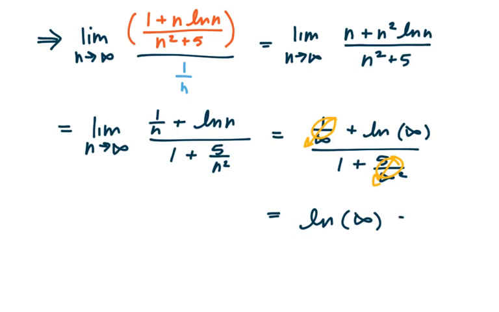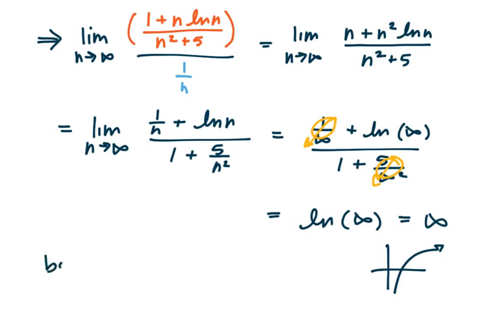And the natural log of infinity goes to infinity, right? Because if you think about that graph of a natural log, it goes like that. So as n becomes infinitely large, the graph becomes infinitely higher, goes to positive infinity.